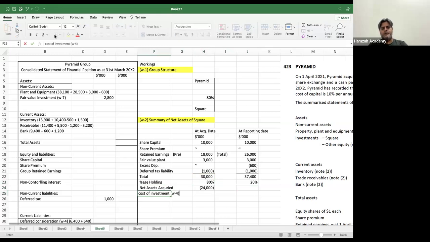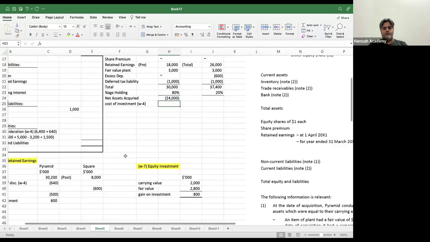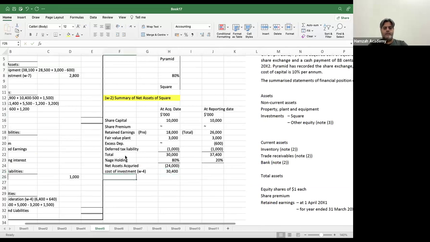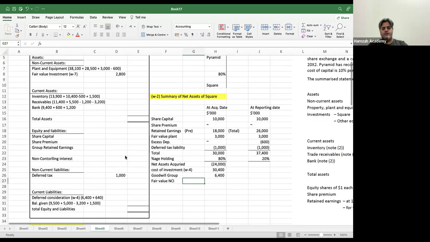Cost of investment, 30,400. Goodwill Group, 6,400. Fair value of NCI, 7,000.